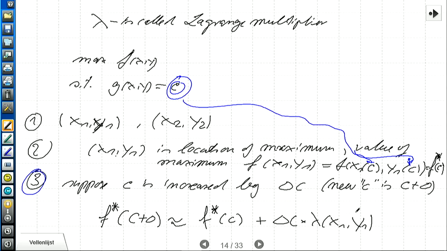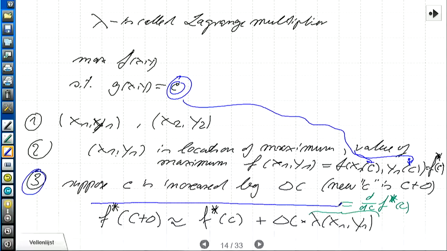Because, just to remind you, this is nothing else than the derivative with respect to c of f star of c. You know this, so you don't have to actually write it. So the correct answer is simply this equation.